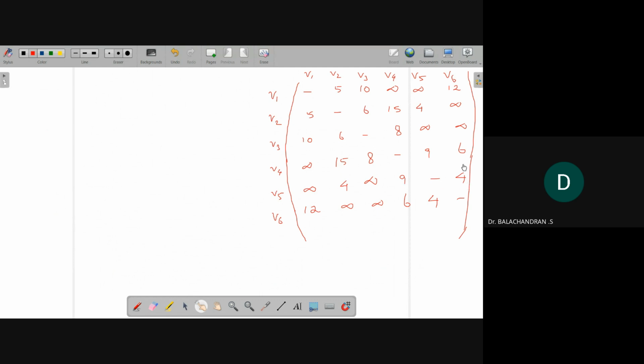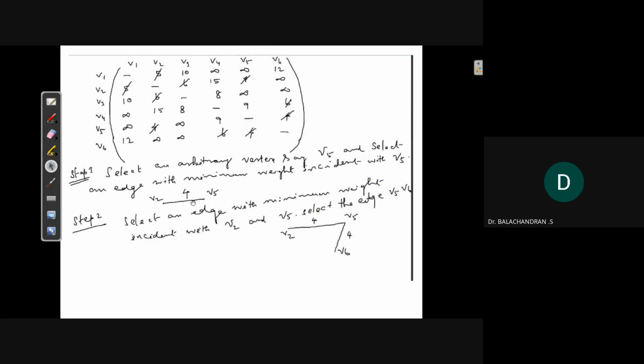Here V5, V6 is 4, and V5, V2 is also 4. I already drew the diagram, so I'll choose V5, V2, and then I can easily explain the problem. Or you can choose V6 also.